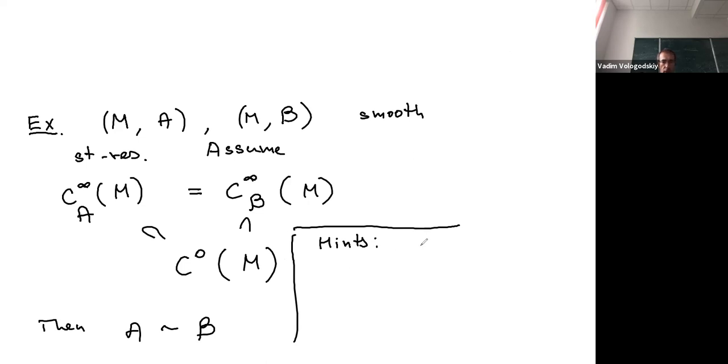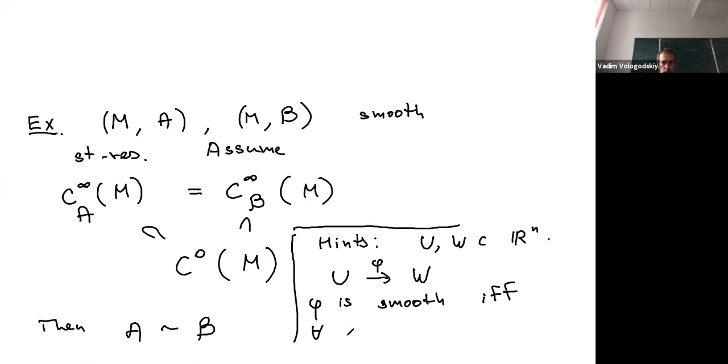If you have U and W open subsets in R^n, and a map phi from U to W, then phi is smooth if and only if for any C infinity function f on W, the composition f after phi is a C infinity function on U.